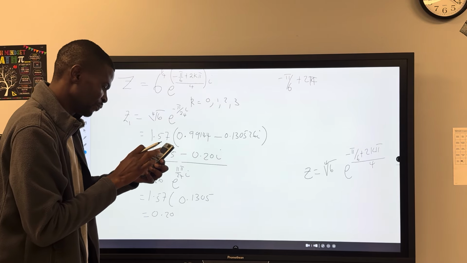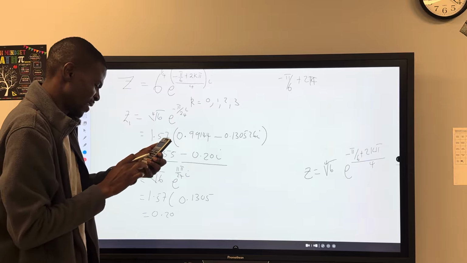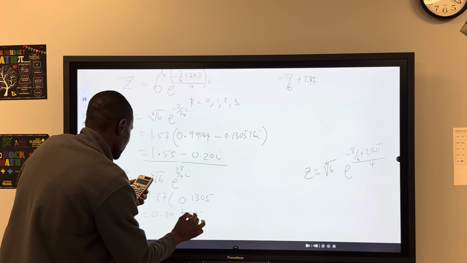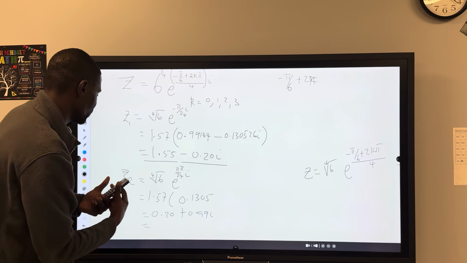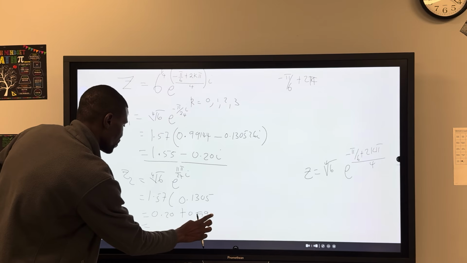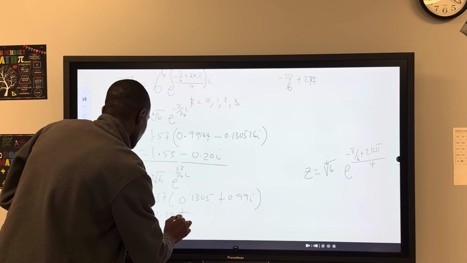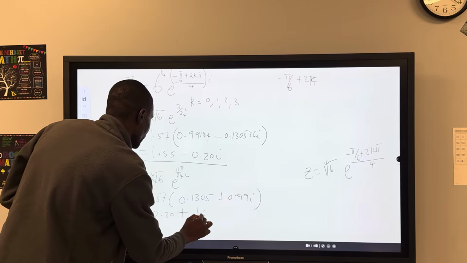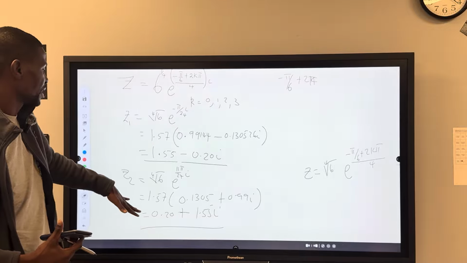Then when I say sine, it's positive 0.99i. And here again, if I multiply by 1.57, I'm getting 1.55i. So the answer becomes 0.20 plus 1.55i. So this is the second root. That's our first, that's our second.